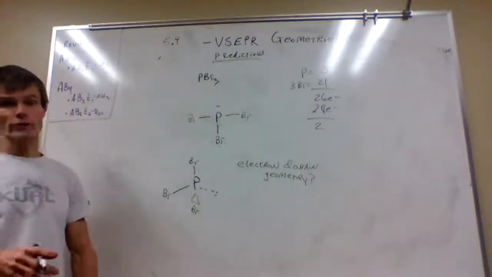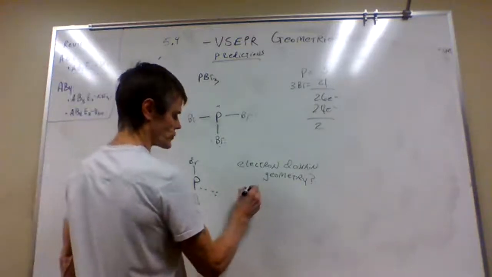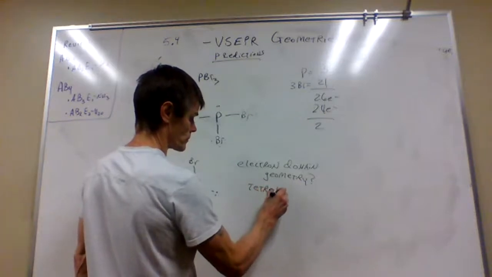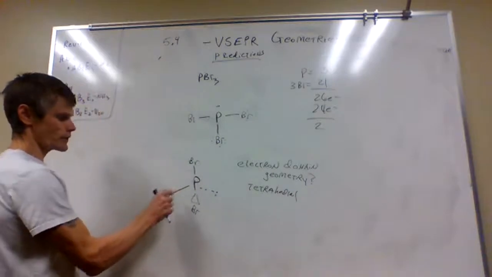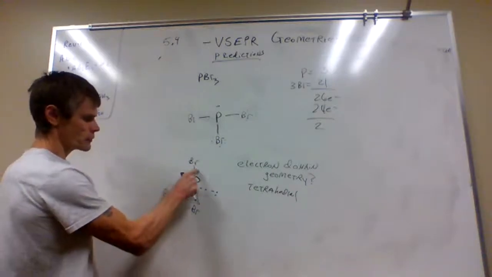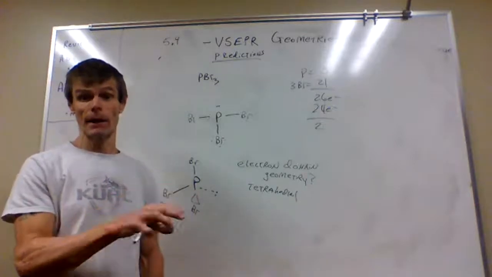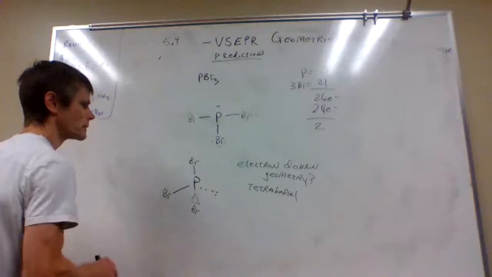The electron domain geometry is once again tetrahedral. That's because our central phosphorus atom has 1, 2, 3, 4 regions of electron density about it. 3 of them are involved in bonding.